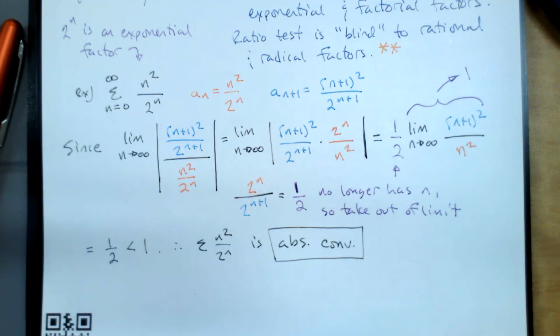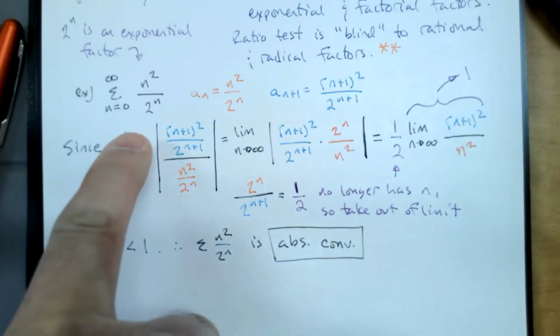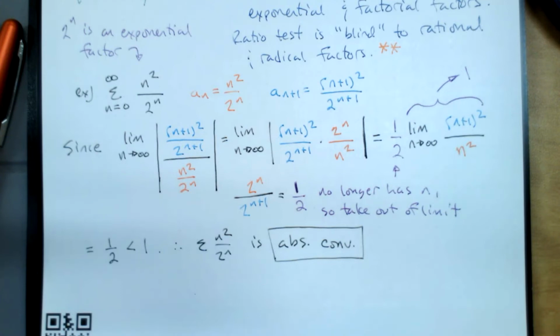Because the end game is not that you can write down the ratio test to prove that this series is absolutely convergent. The end game is for you to look at this series and know that this is absolutely convergent right away. Know immediately.